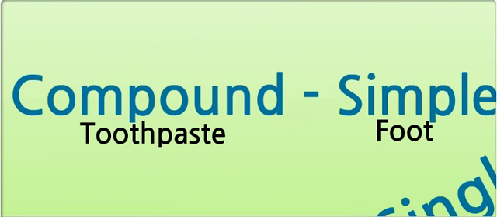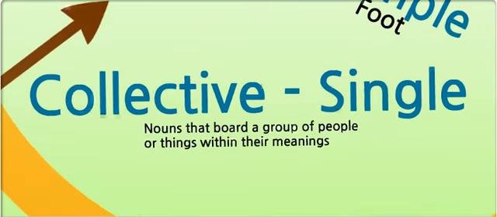We have also compound and simple nouns. This is pretty easy. Compounds are those nouns that have two words put together and mean a different thing, for instance, toothpaste. And we also have simples, those nouns that are only one word.